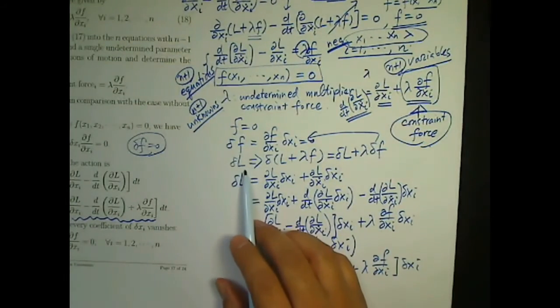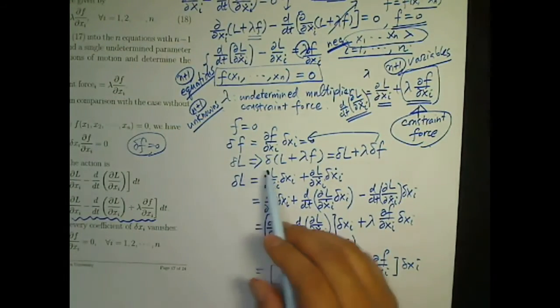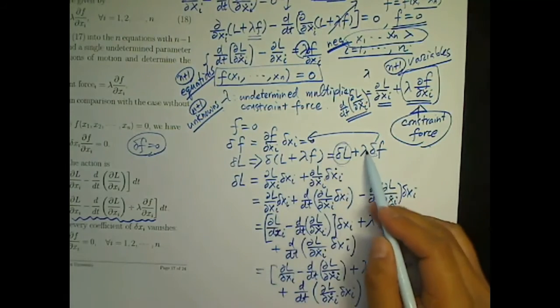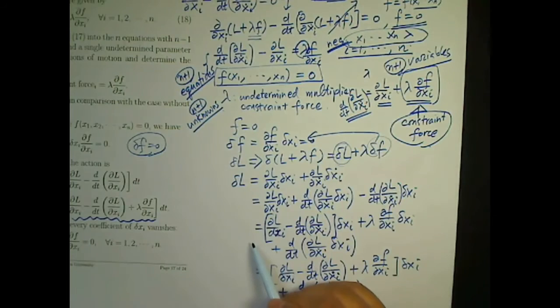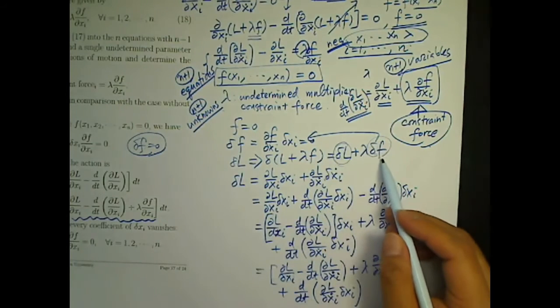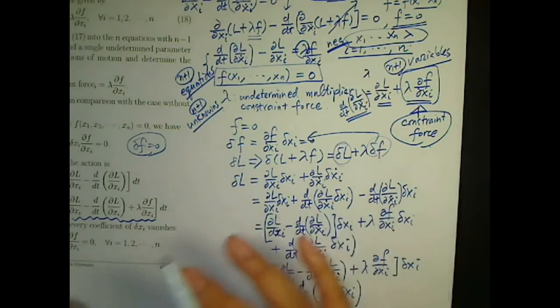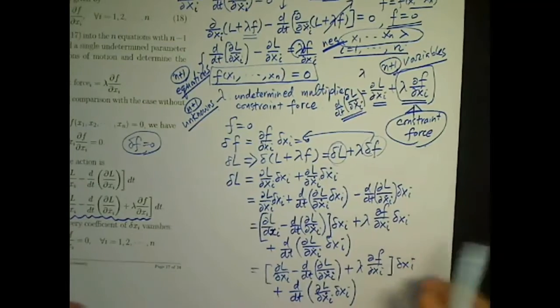And the variation of the new Lagrangian should be the variation of the original Lagrangian plus lambda multiplied by the variation of this constraint. Actually, this is vanishing, but for the time being, as a fake, we do not let it be 0 before the end.